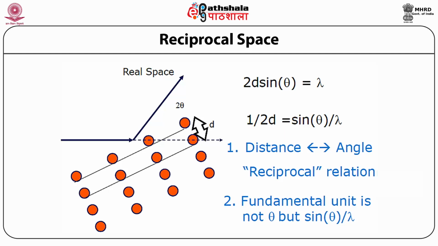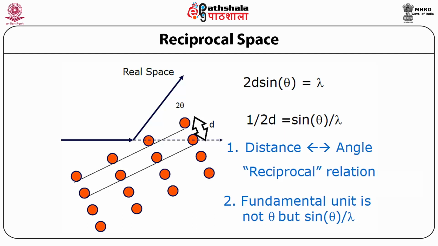When we are mapping the sample, mapping means you are changing your angle and recording the diffraction pattern. So basically you are mapping it in reciprocal space. You are probing in which part of the reciprocal space it shows you peaks, and that particular pattern of peaks is basically a representation of the reciprocal space.